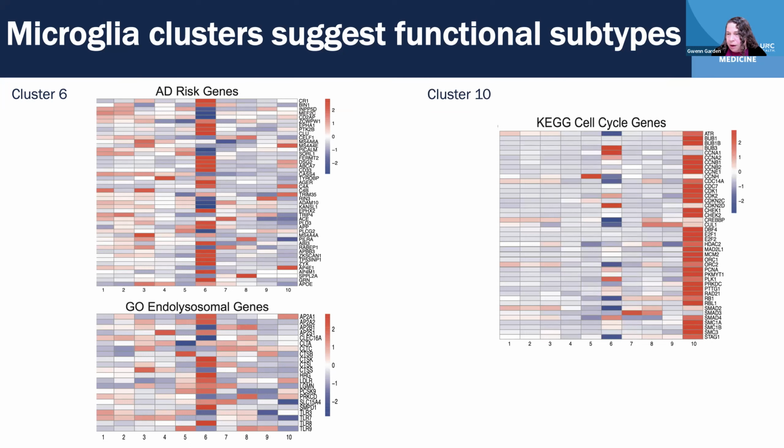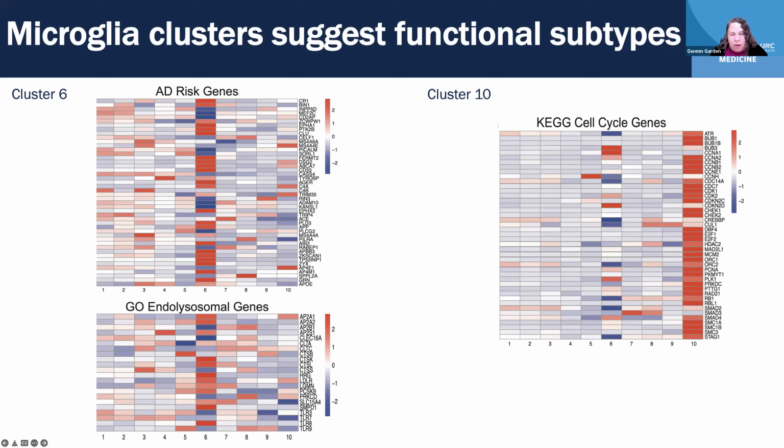And cluster 10 is really defined by expression of all these cell cycle genes. And what we saw is that there are fewer of these cluster 10 microglia in AD. So these cell cycle genes are turned on in cluster 10, but in microglia from AD brains, we don't have as many of those proliferating microglia.